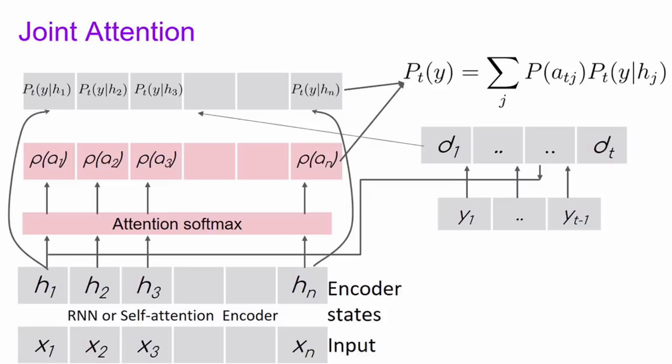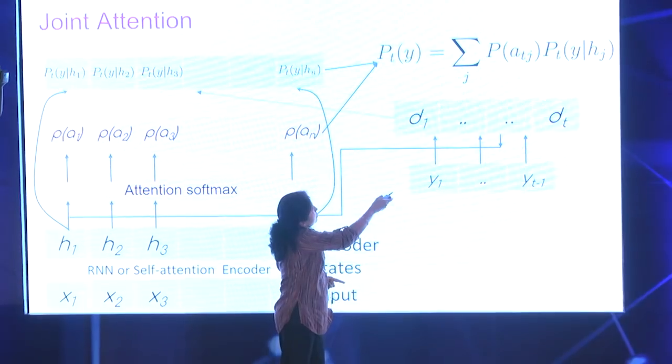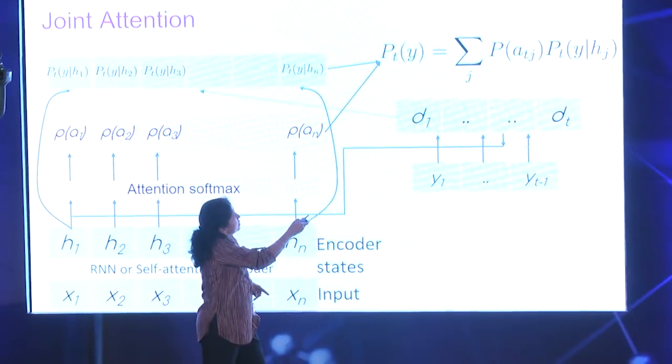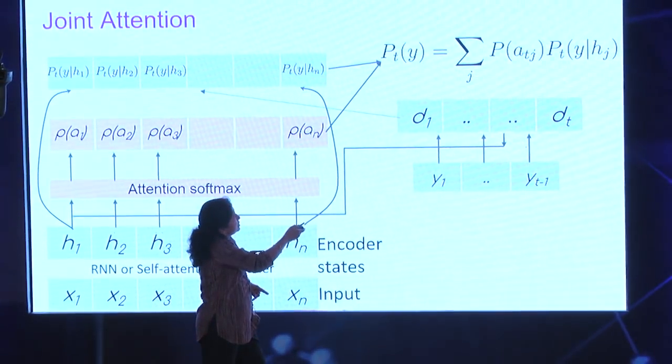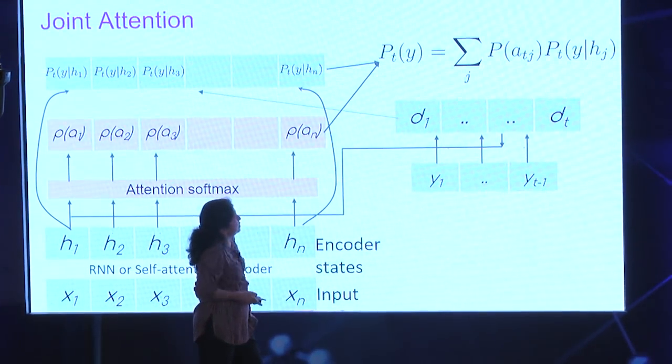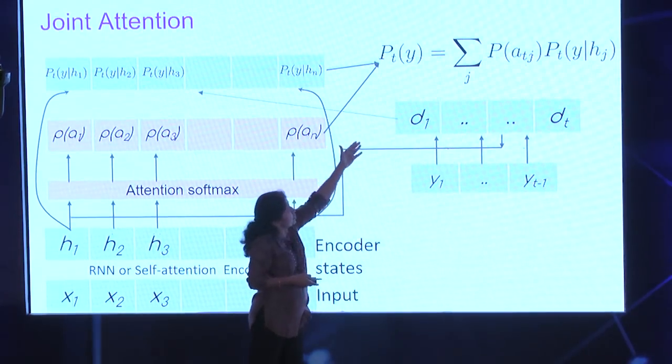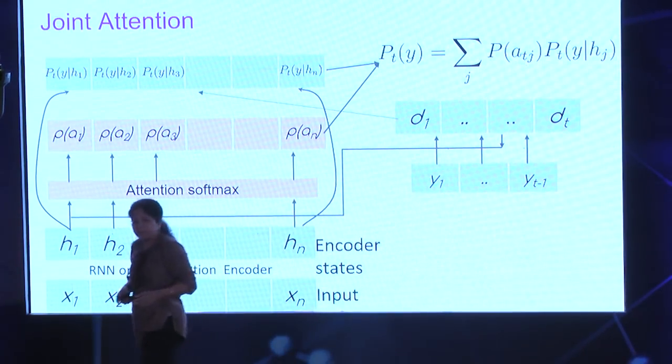Instead, for each input state, we will create a probability distribution over the y. And this is where we do the explicit joint distribution between the input and the output, by marginalizing explicitly over the attention variable, and that is the correct joint distribution which we compute.